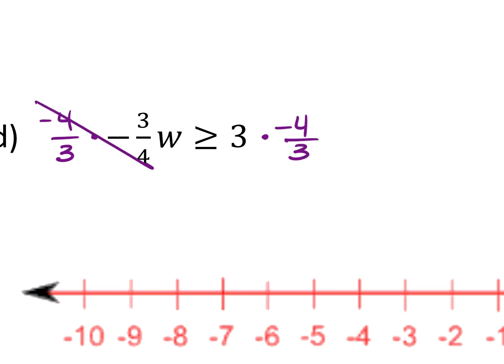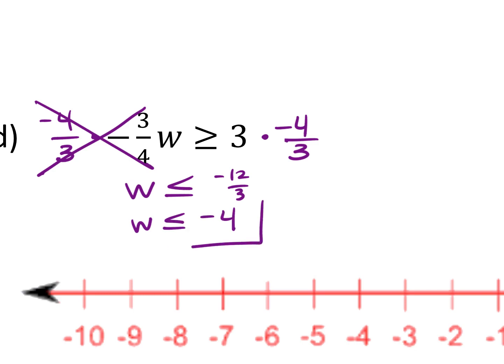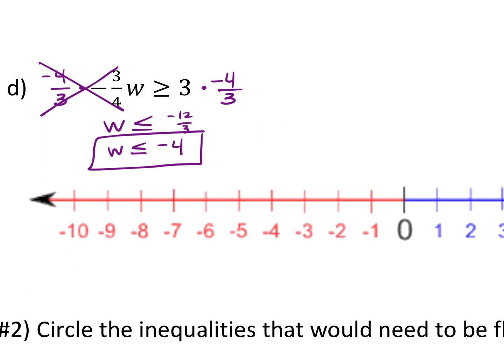So we multiplied by a negative on both sides. What has to happen? Flip it. So this becomes negative 12/3. Or a better way to say that, w is less than or equal to -4. Okay, is that open or closed? That's closed at -4, and w is less than or equal to.